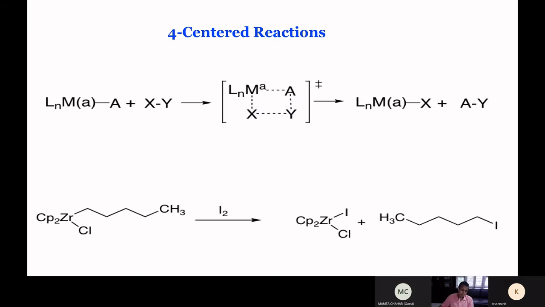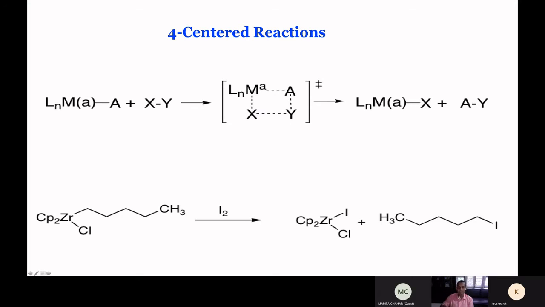It could be due to the metal not having sufficient electron density to insert into X-Y, as we have discussed in oxidative addition: the metal has to have an electron-rich ligand, or the metal has to be an electron-rich center. If the metal is not sufficiently electron rich, you will not be able to oxidatively insert into the X-Y bond.